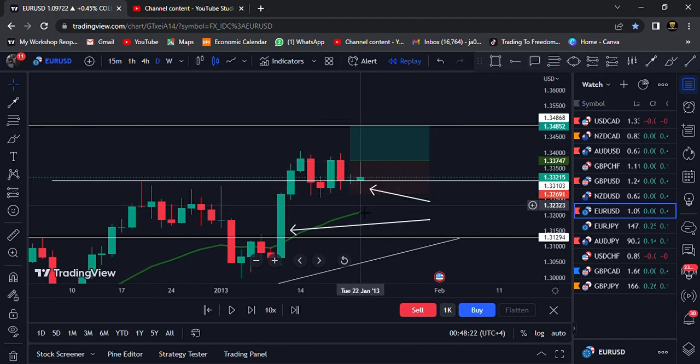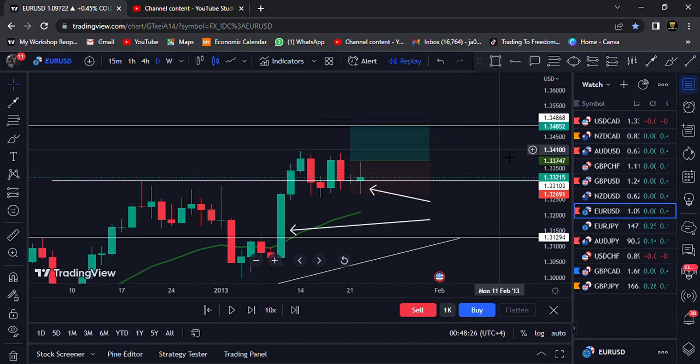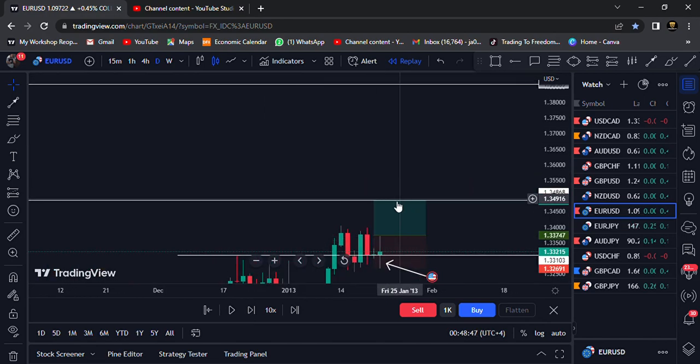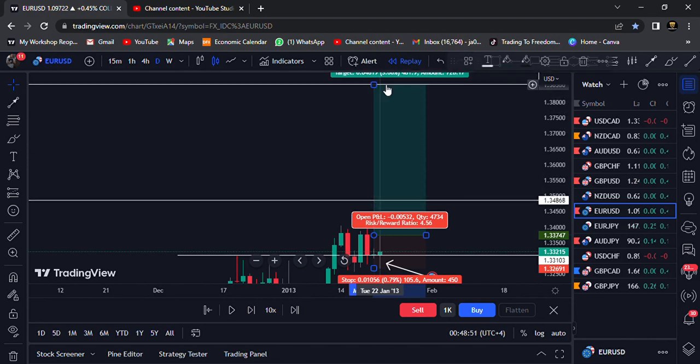That's where it is, though not really good because it's a 1:1. It's really not a good one, but the reason why I can trade this one is because of the setup, that I'm very confident it's gonna go up. That's why I can go with the 1:1, but also confident that this will only be my first take profit, and the second take profit is gonna be very far.